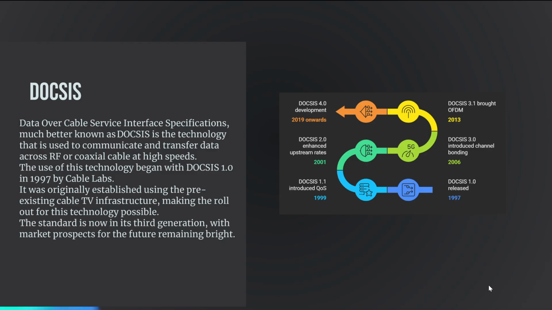From DOCSIS 1 to DOCSIS 4, there have been multiple evolutions. From DOCSIS 1 giving 40 Mbps to DOCSIS 4 offering multi-gigabit speeds, it is the data link layer that makes sure your Netflix stream never freezes.